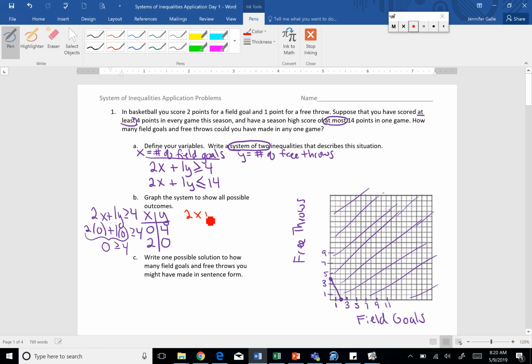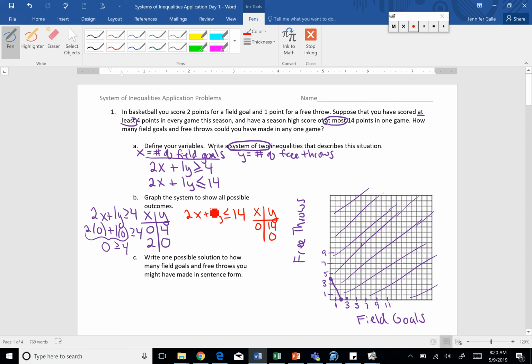So we have 2x plus 1y is less than or equal to 14. X and y are on the same side. So if I put a 0 in for x, my y is going to be left with 14.